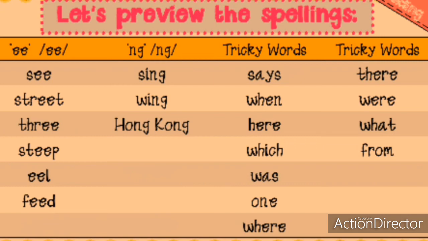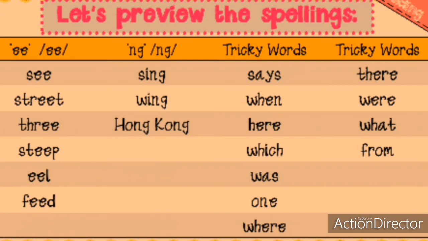And the tricky words we come across in these stories include says, when, he, which, was, where, there, what, from.